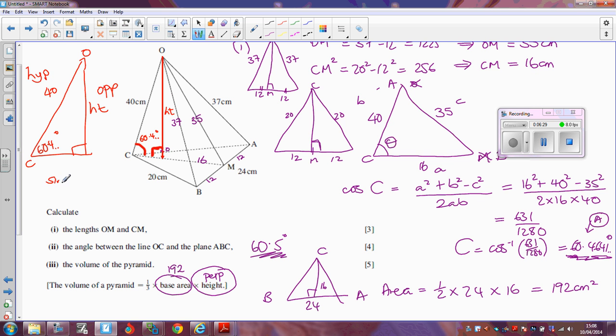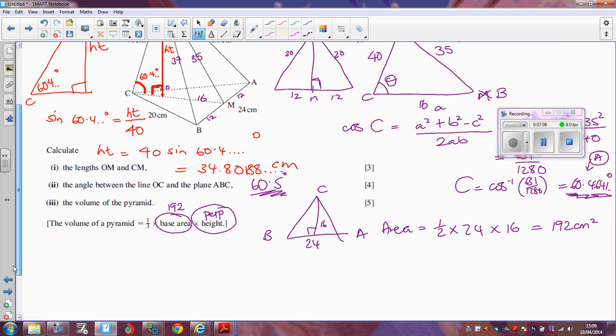So I now know that sine of my 60.4 degrees that I've saved in my memory is equal to the opposite, or that's the height that I'm looking for, divided by the hypotenuse, which is 40. So the height is going to be 40 times sine 60.4 degrees, and that comes out as 34.8018 centimeters. So the height of my pyramid is 34.8018.